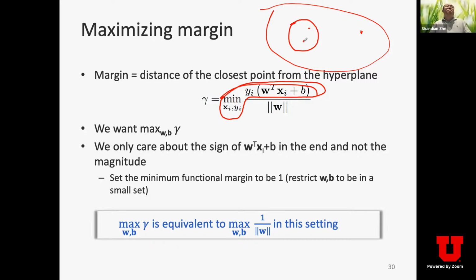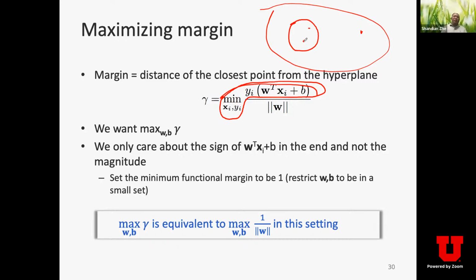Any questions so far? What's the benefit of doing this? Oh, by the way, before we proceed, I do want to ask if anyone feels uncomfortable at this step, because it's really, really important.